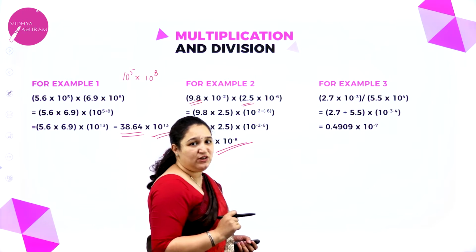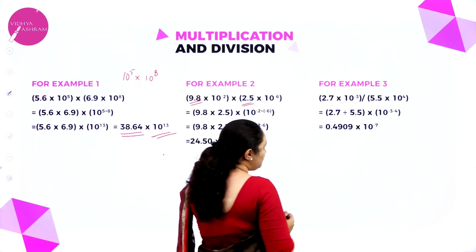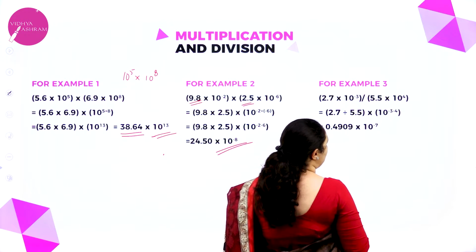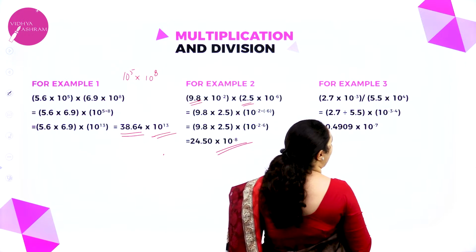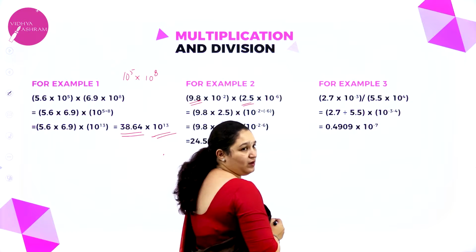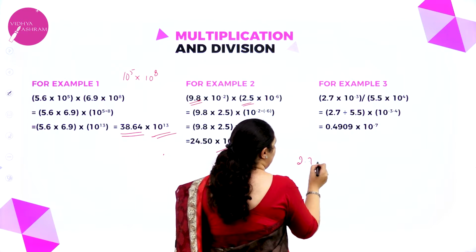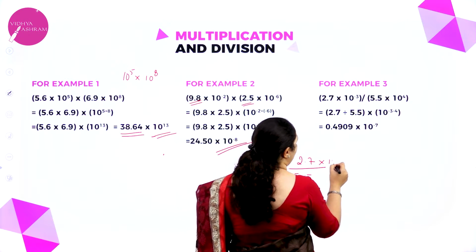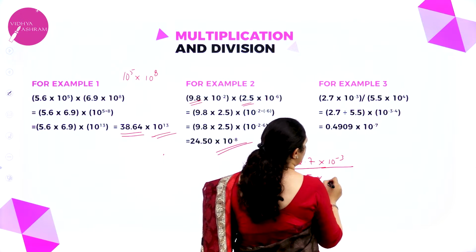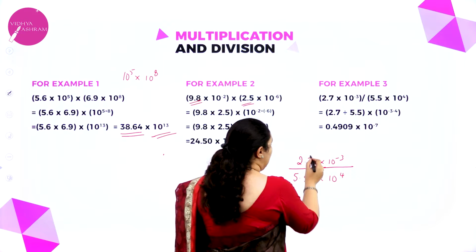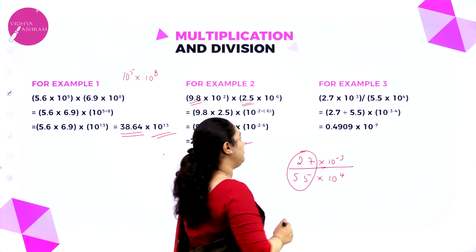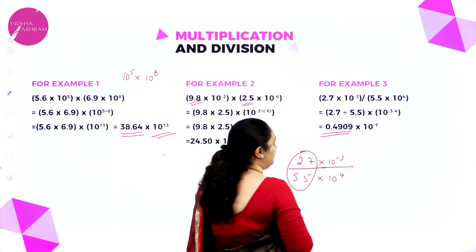Now division, what are we supposed to do? See here, 2.7 × 10^-3 divided by 5.5 × 10^4. So 2.7 by 5.5. So 2.7 has the exponent of 10^-3 and this has the exponent of 10^4. These two you divide using the calculator. 2.7 divided by 5.5 is 0.4909.